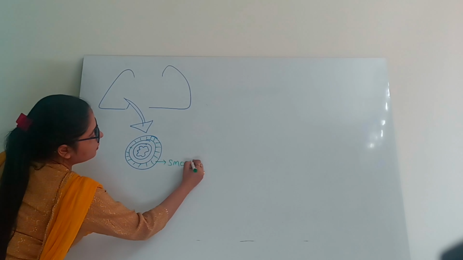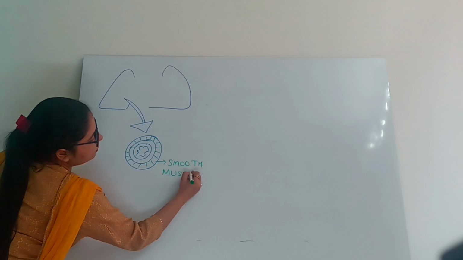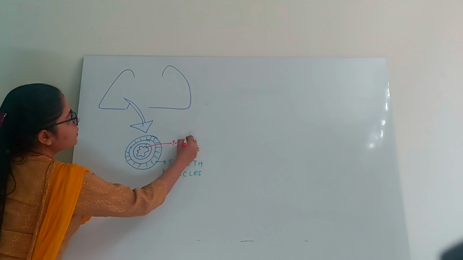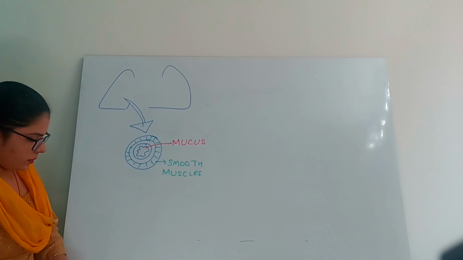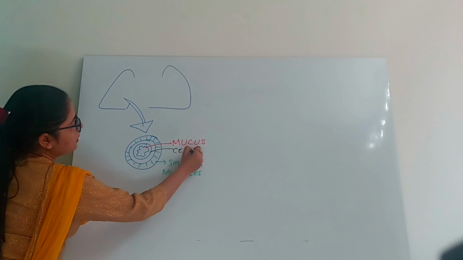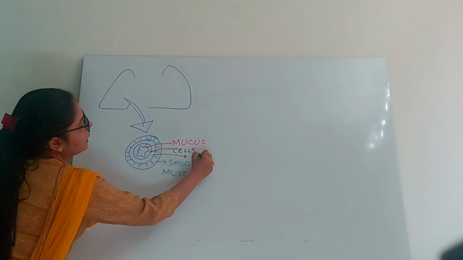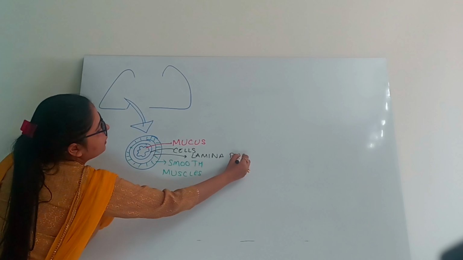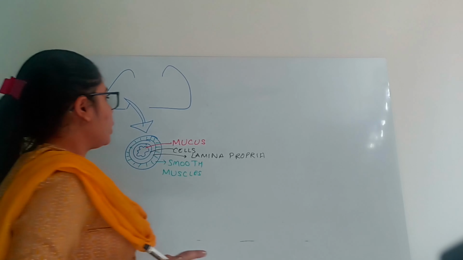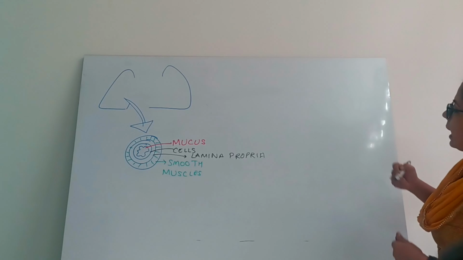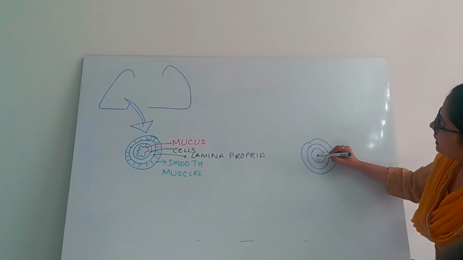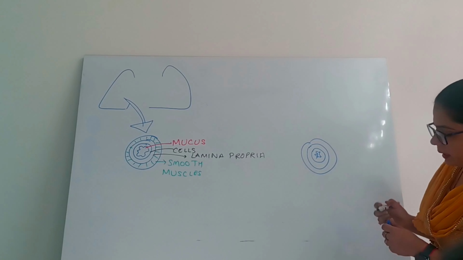These are the smooth muscles. This is the mucus which is being released. These are the cells which are present. And this is the lamina propria. Right? On the contrary, I'll draw how a bronchiole looks in the case of an asthmatic condition.